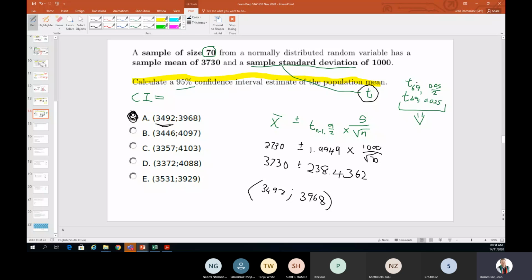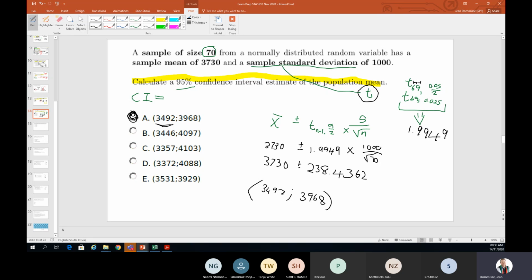So the degrees of freedom is n minus 1, so that would have been 70 minus 1. For alpha it is 0.05 divided by 2. So the t that we worked out was 1, let me just write it down here as well.